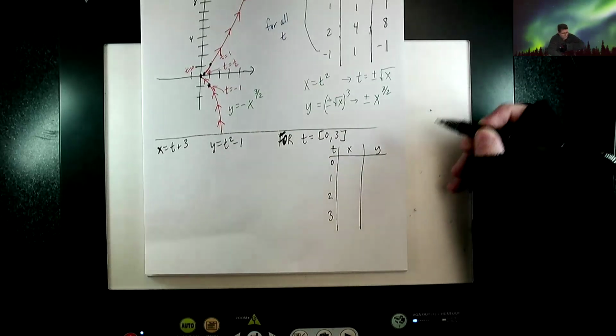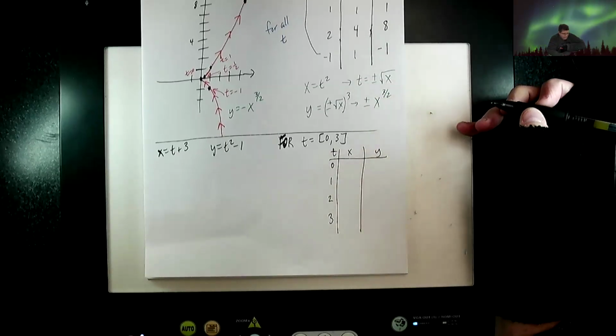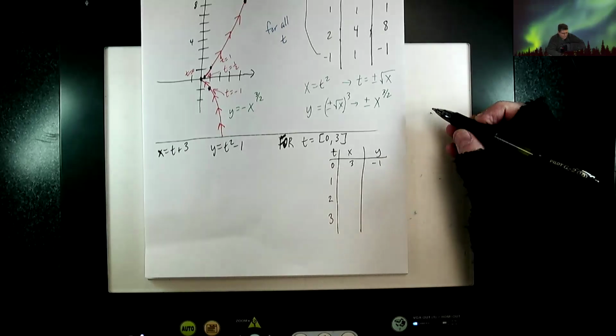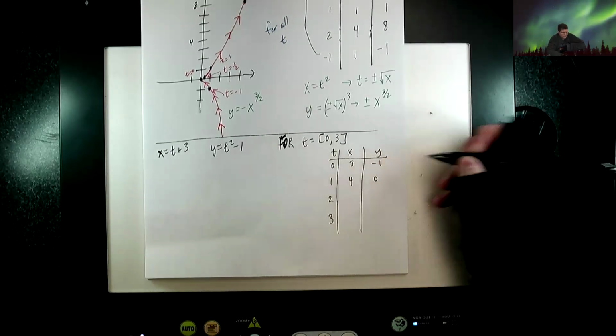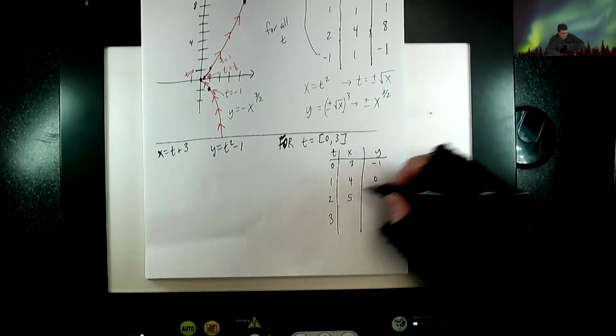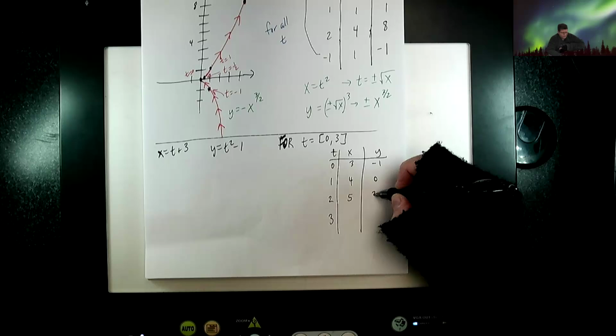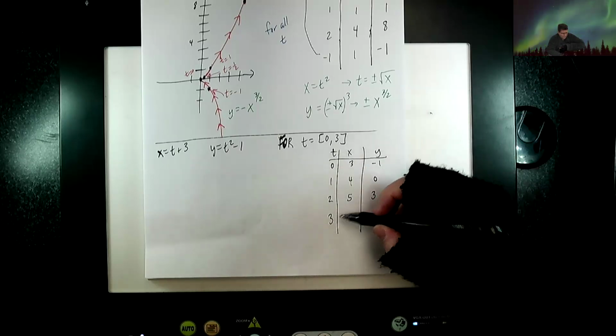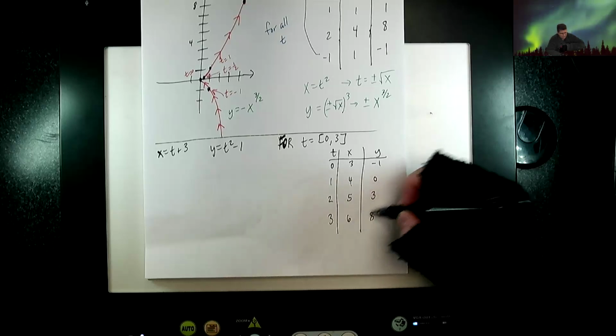I have no idea what these answers are. Let's see. 3 and -1. 4 and 0. 5 and 3. 6 and 8.